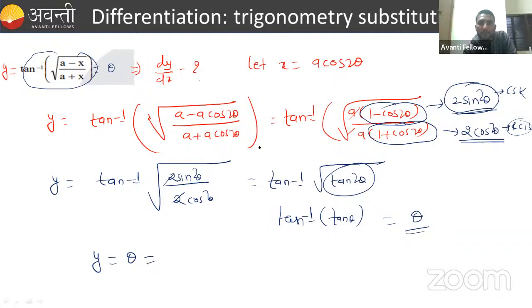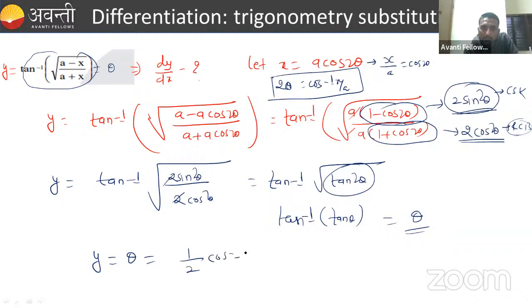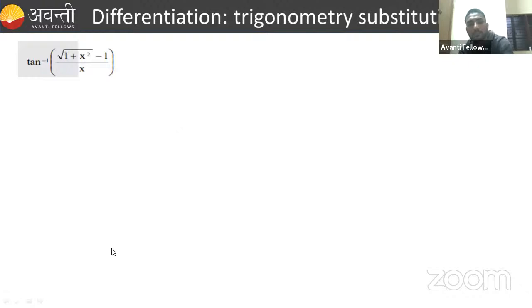From here we can find theta. If x by a equals cos 2 theta, then 2 theta will become cos inverse x by a, so theta will become 1 by 2 cos inverse x by a. So now we have got a simpler value, 1 by 2 cos inverse x by a, and this is your y.